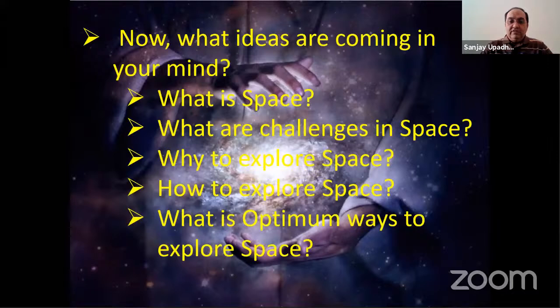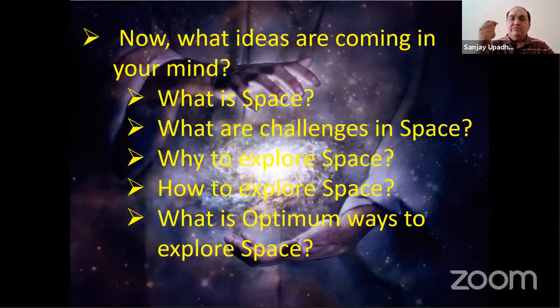There are lots of ways to explore the space, but what is the optimum way to explore the space? Because when you launch the space shuttle into orbit, the cost is counted per kg mass of the sensor. There is a huge weight of the space shuttle, and when you launch it into orbit, a huge amount of energy and everything is involved in our economy.